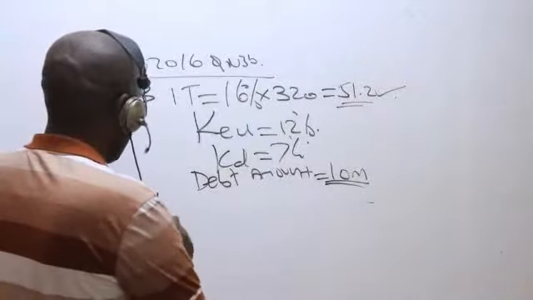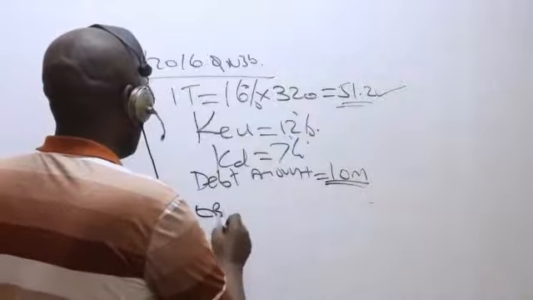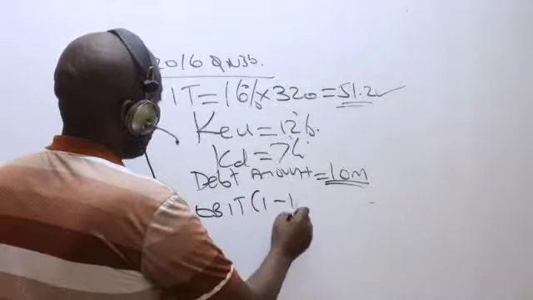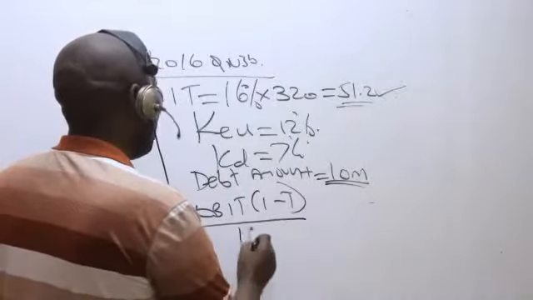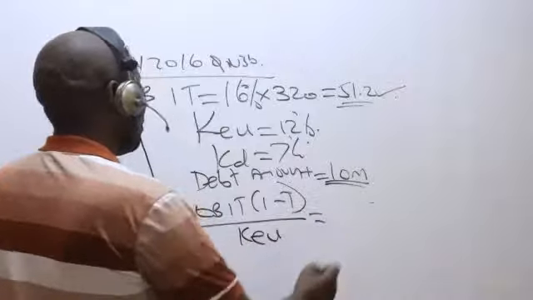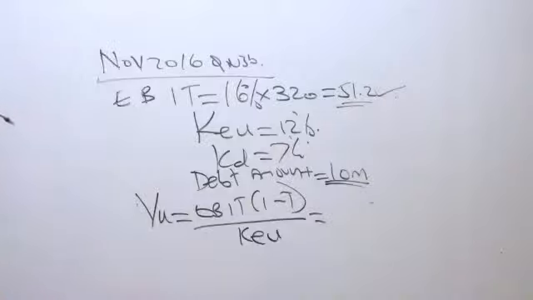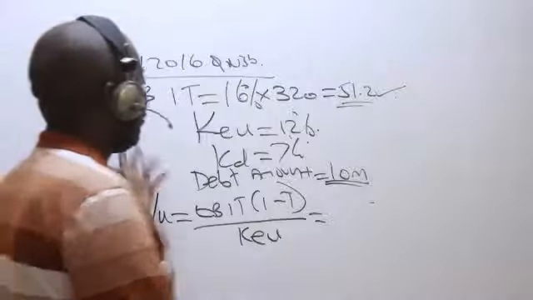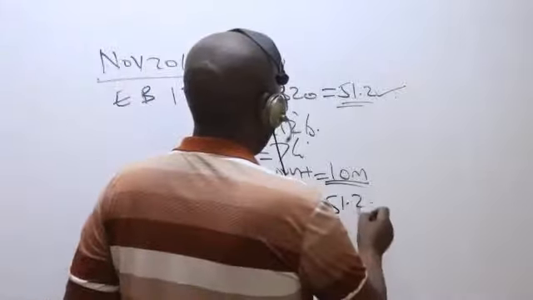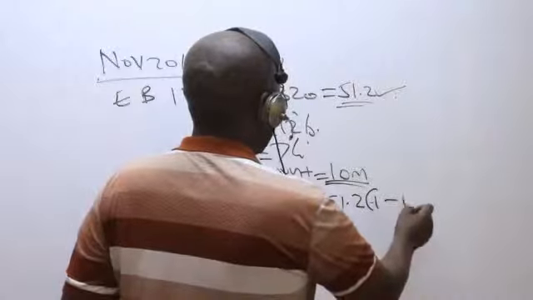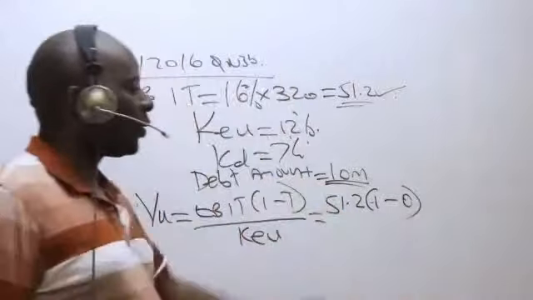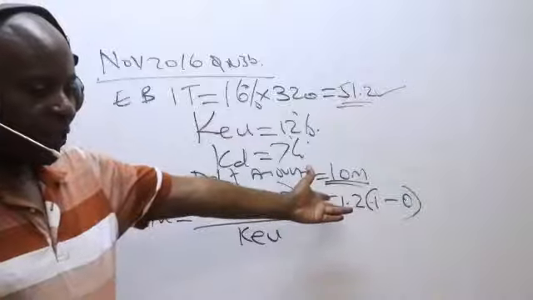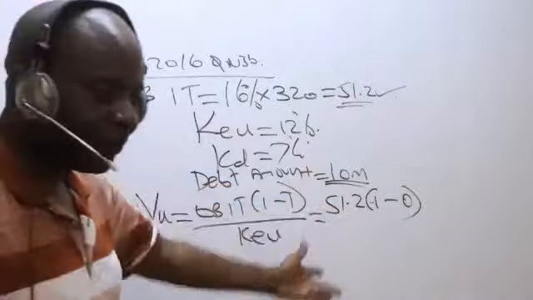So I'll say the value of the unlevered firm equals EBIT times (1 minus tax) over KO. EBIT here is 51.2. It says without taxes, so tax is zero. Right?